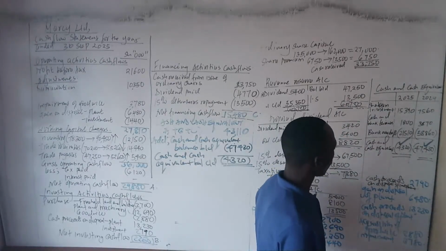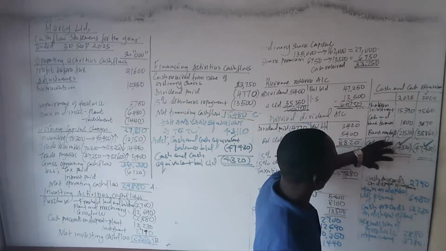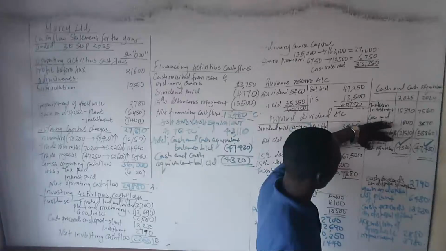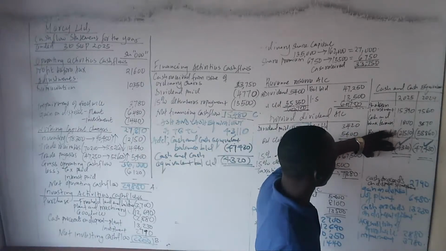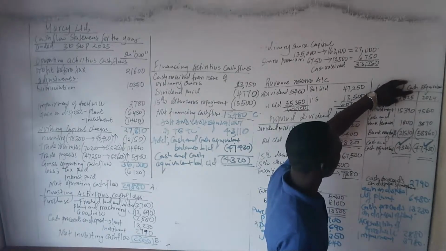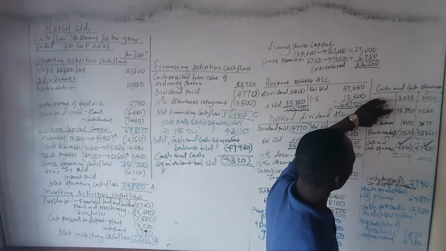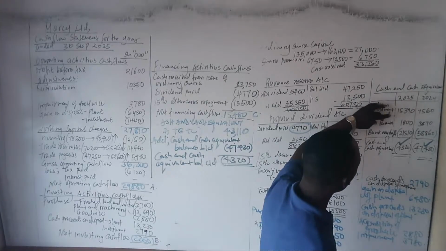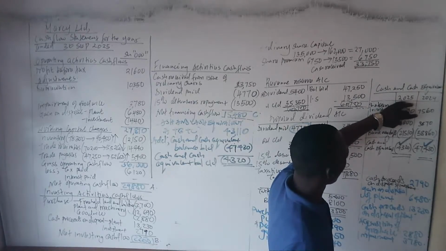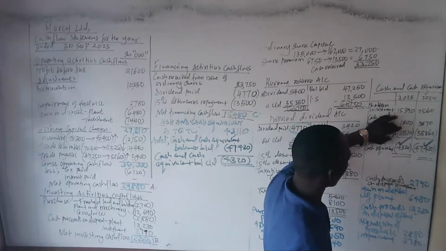So for you to get the total cash and cash equivalent, sometimes the examiner will give it to you directly, but anytime you are not given, you will take the short-term investment if available, cash in hand if available, cash at bank if available, then you will raise the bank overdraft.